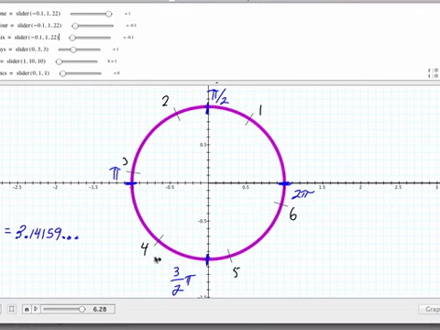Because even though we're starting to introduce this symbol pi, it's still a number of radius lengths swept from the 3 o'clock position. Just like these were, 1, 2, 3, 4, 5, 6 radius lengths. Just like pi is a little bit more than 3, 3.14. Okay, so now find 3 pi over 2 in your calculator.